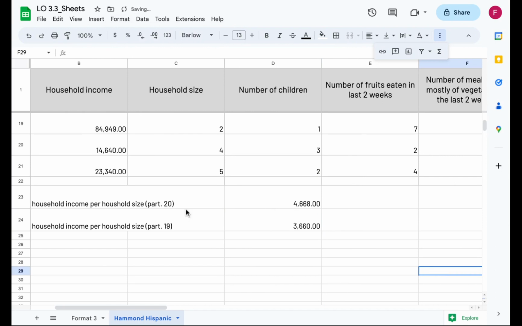So we know that the people in participant 20's household are earning roughly more money than participant 19's, because for each person in participant 20's household, they are getting 4,000 plus. However, for each person in participant 19's home, they're getting roughly 3,000 plus.